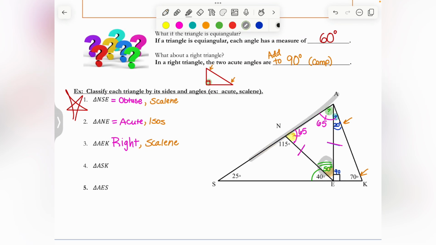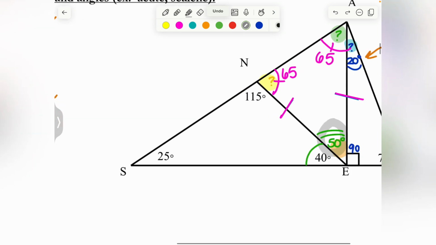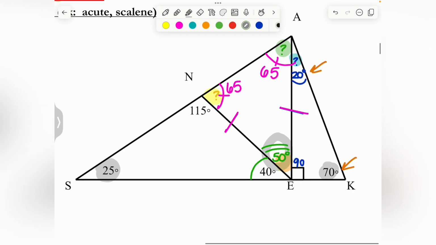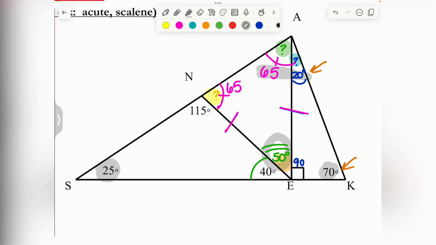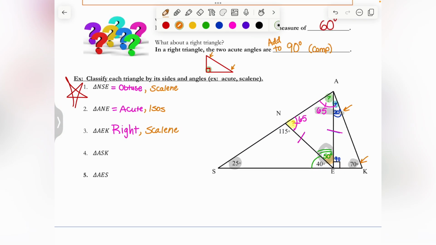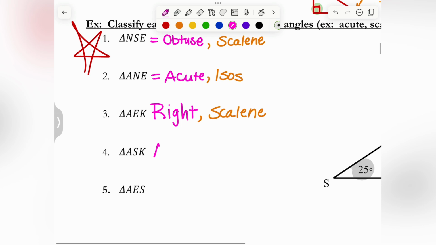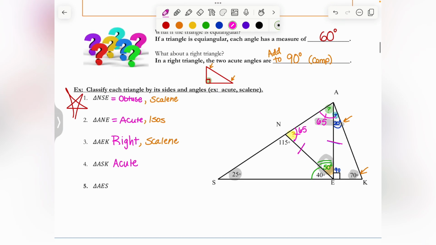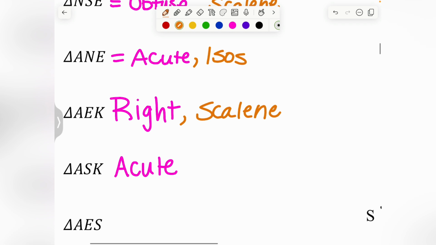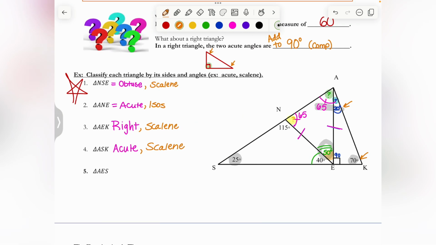ASK. ASK is this whole thing. Okay, so one of the angles for this big triangle is 25, 70, and then I have to add these together. 65 plus 20 is 85 degrees, which means all three angles are acute. So this is an acute triangle. And 85, 25, and 70 are all different angle measures, which means all the sides are going to be different, scalene.